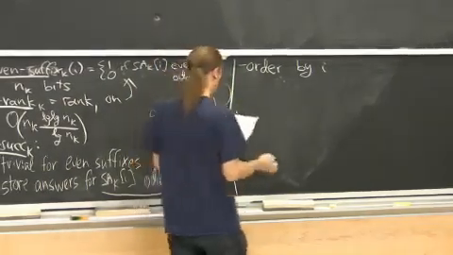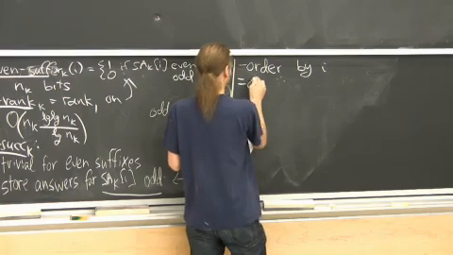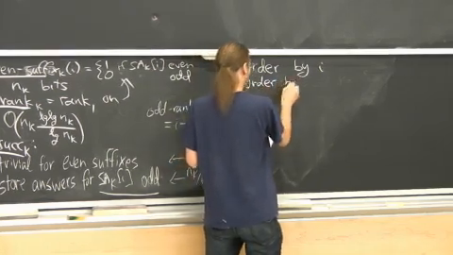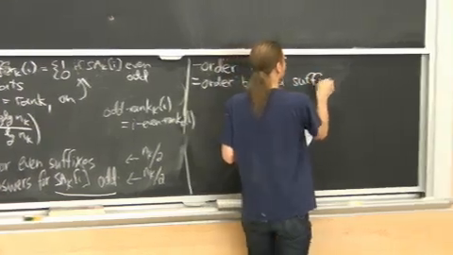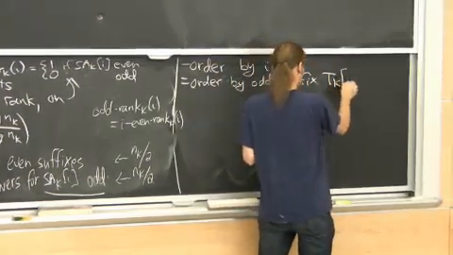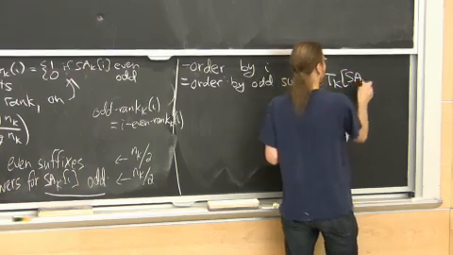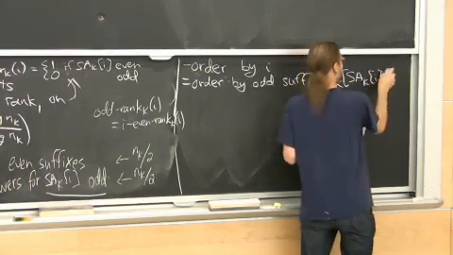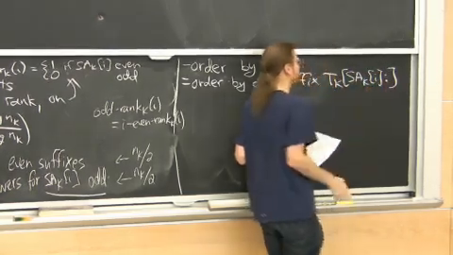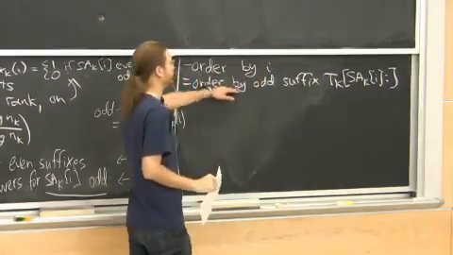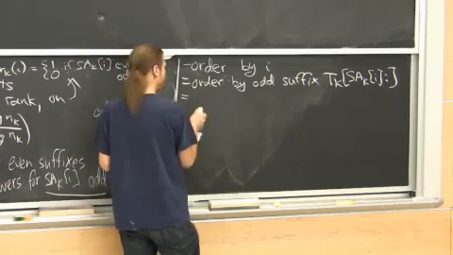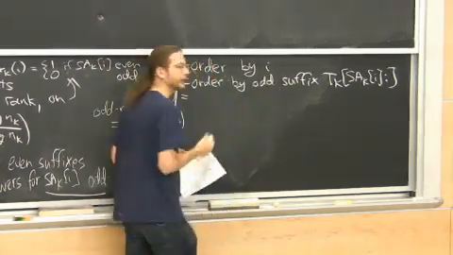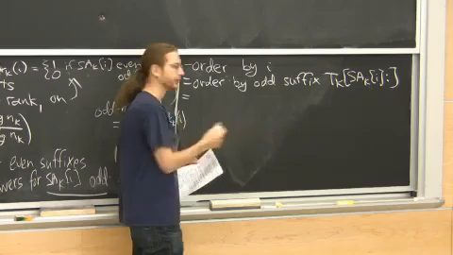Right? So this is the same thing as ordering by an odd suffix in TK. It's TK from SA of I onwards. That's the suffix that we're sorting by. Now, we can unpack an odd suffix. It has the first character and then an even suffix.